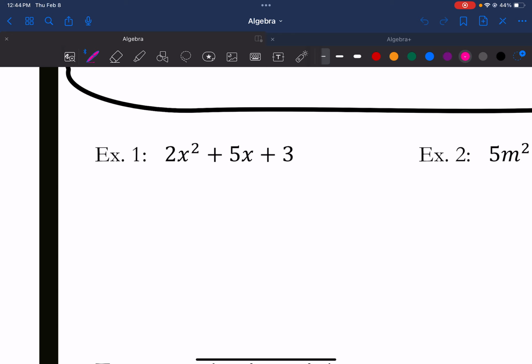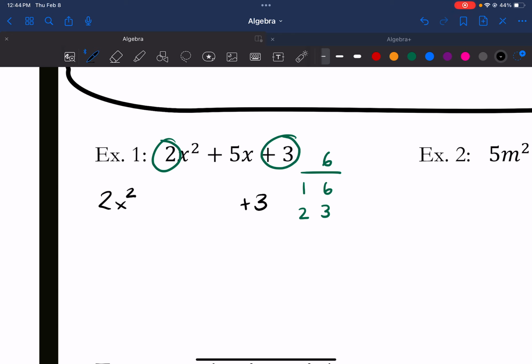Example number 1 shows us if we multiply A times C, we would get 6. From there, our factors of 6, we can see 1 and 6, 2 and 3. We now set up our new step, so it's 2x squared plus 3 at the end.